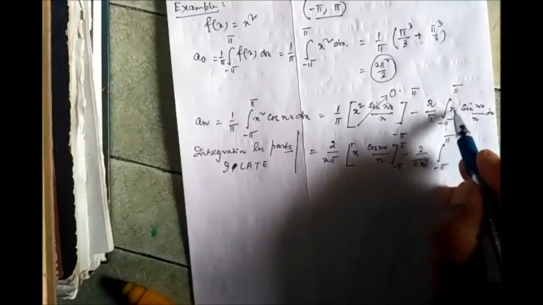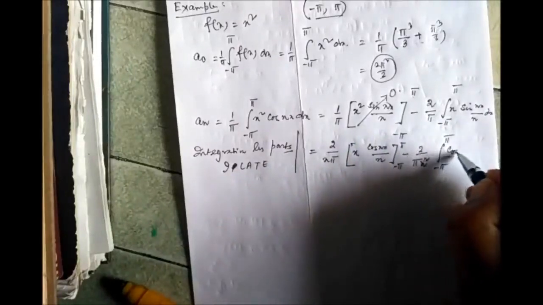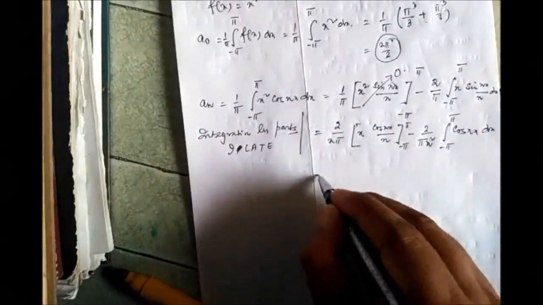Differentiation of x square, so this will be cos nx dx, right?